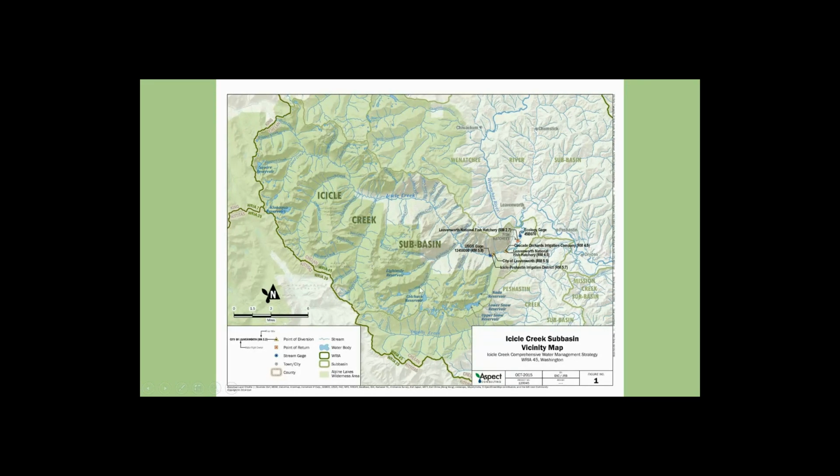These reservoirs are owned and managed by the Icicle Irrigation District, the Peshastin Irrigation District, and the Leavenworth National Fish Hatchery. And down here at the bottom, you have 4 entities who pull water out of Icicle Creek: the Irrigation District, City of Leavenworth, the Fish Hatchery, and the Cascade Orchard Irrigation Company.